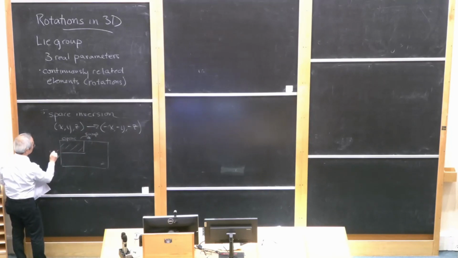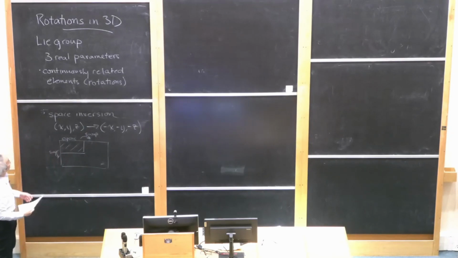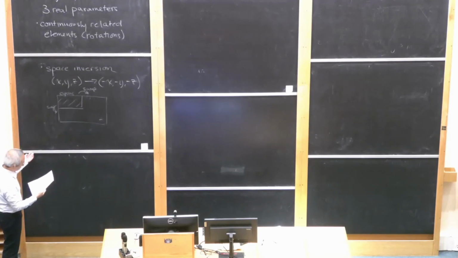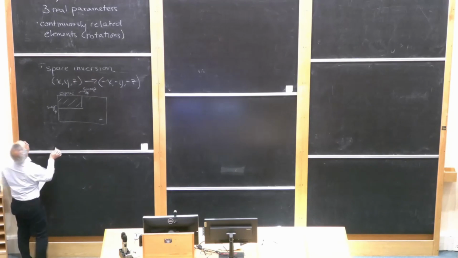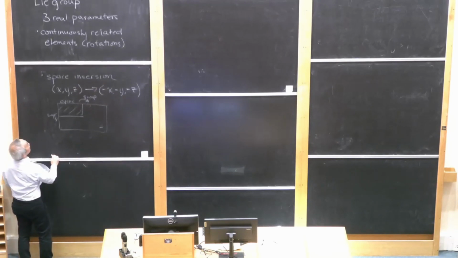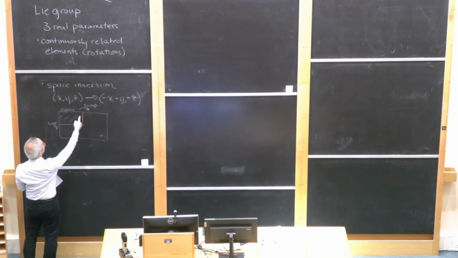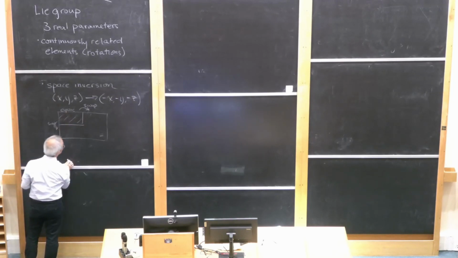Similarly here. Also, like with the permutation group, this quadrant forms a subgroup.